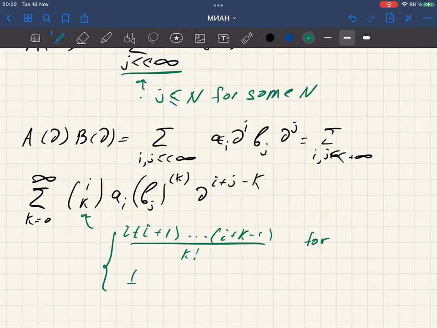Maybe it's the wrong notation. It should be k plus i, maybe, in the upper line, k plus i.